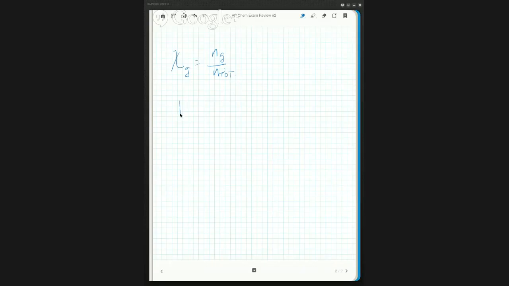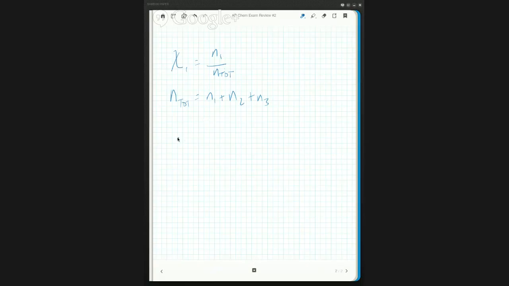And if you remember, the total number of moles is equal to N1 plus N2 plus N3. And so if you add those all together, you get the N total. And actually, it might be easier if I just did it like this. The molar fraction of whatever 1 is N1 over the N total.